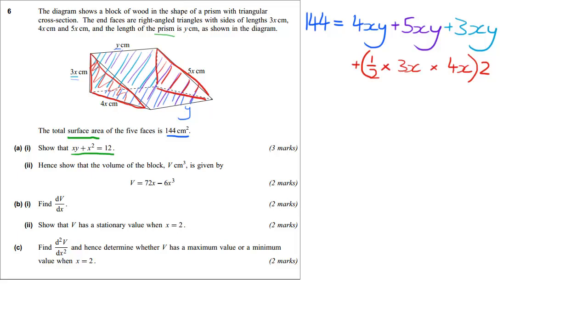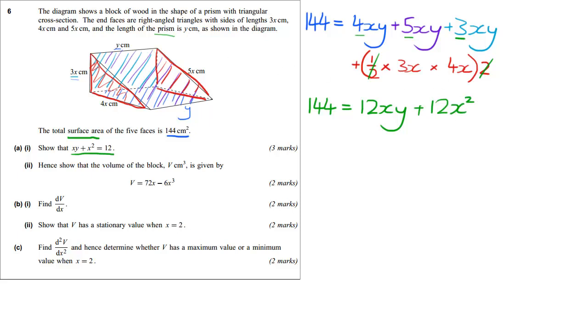Alright, let's see if we can find some sense in here then. This 4 and this 5 and this 3 are going to add up. So we're going to get 144 equals 5 plus 4 is 9, plus 3 is 12, so 12xy, then plus, well, this half is going to cancel out with this 2, and then we're going to get 3x times by 4x, so 12x squared.